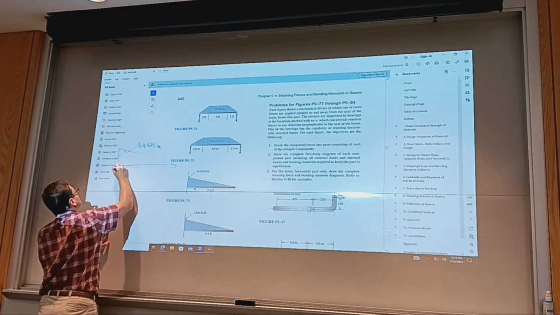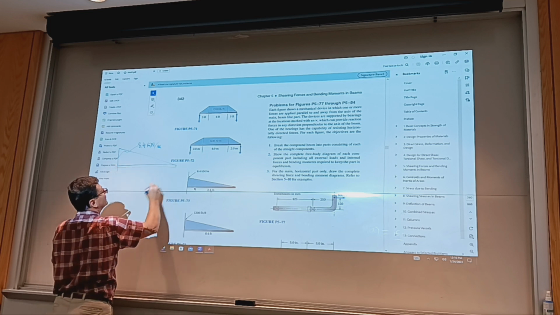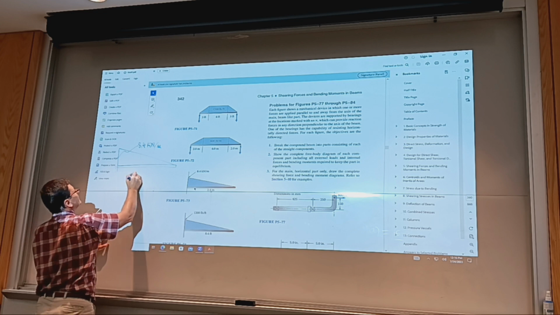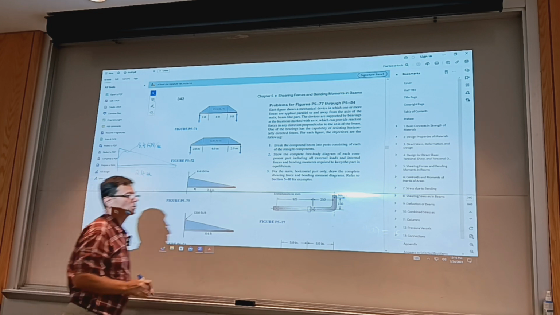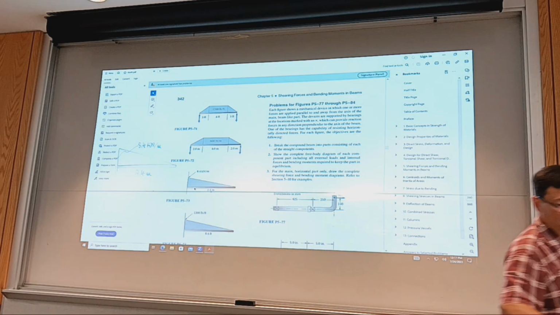The span of the cantilever is 2.4 meters. We want to draw the shear force and bending moment diagrams.